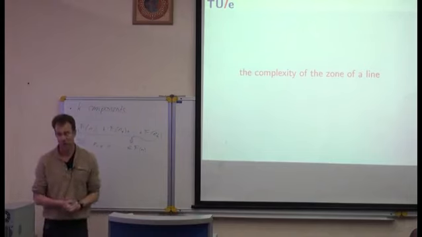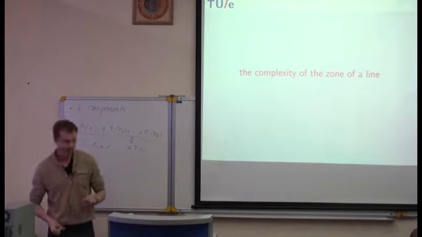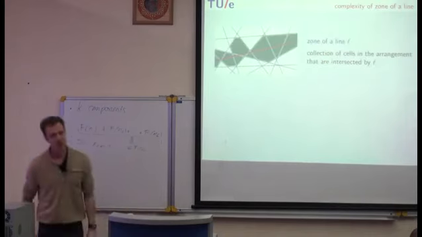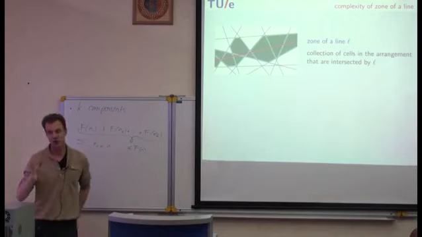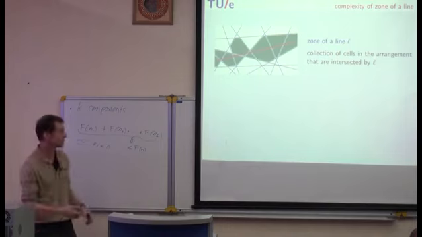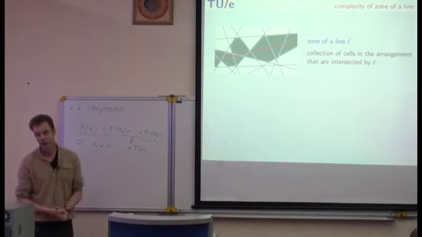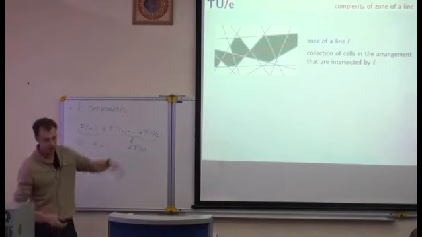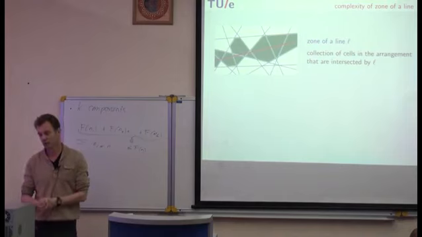Next substructure. This is going to be very short. Just going to test a little bit how smart you are. So let's see. The zone is defined as all the cells that intersect, well, if you have the zone of a line, all the cells that intersect that line. Okay? And now, if you look, for instance, at the zone of a line in an arrangement of lines, how many cells does it intersect?